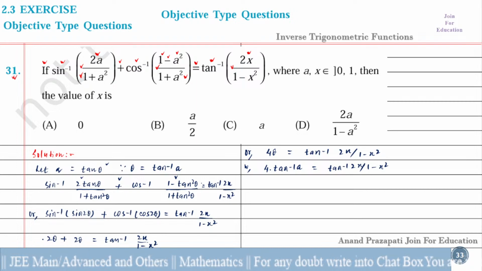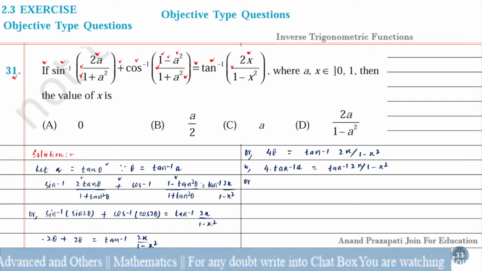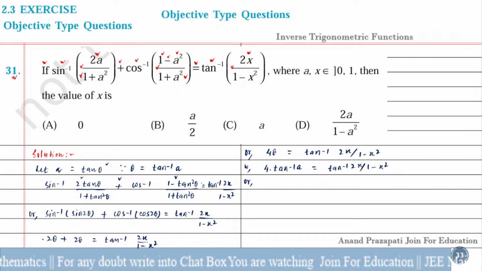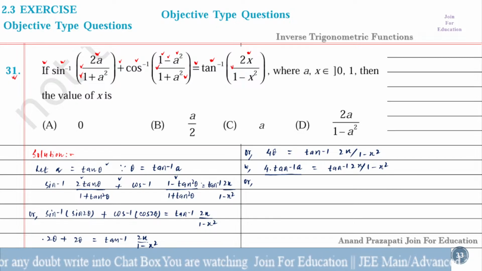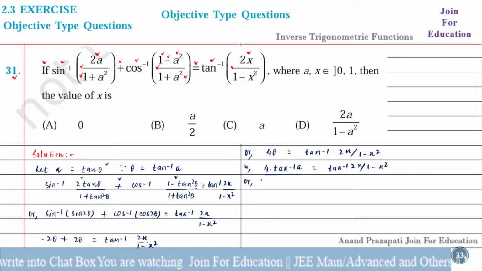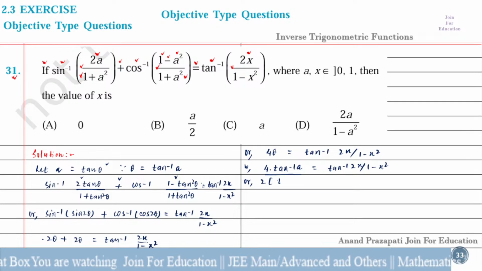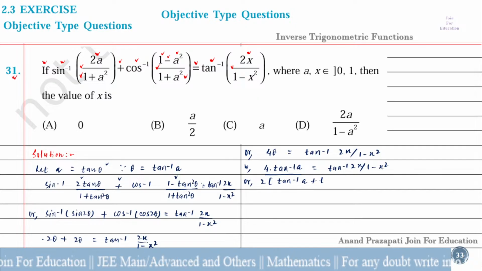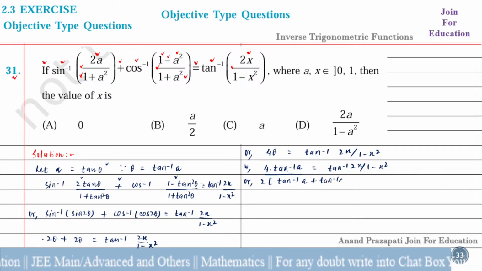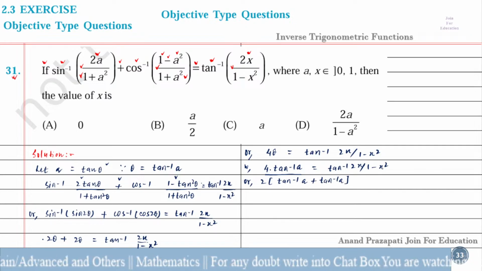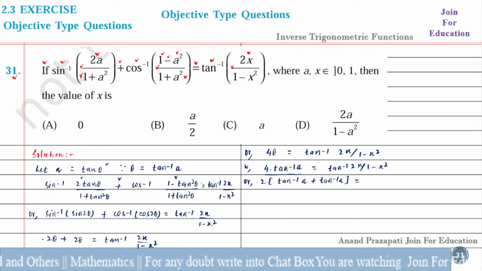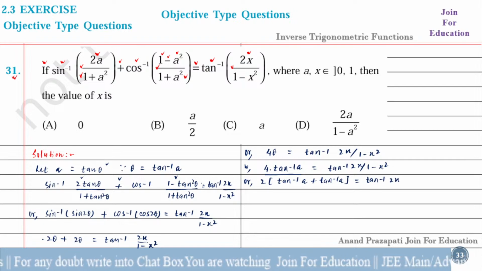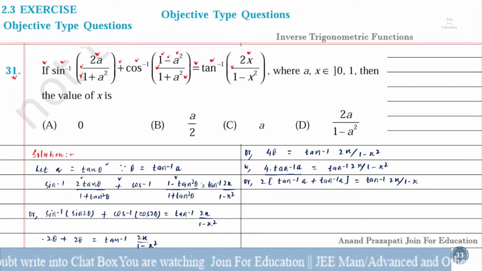For 4 tan inverse a, it is tan inverse a plus tan inverse a, so 2 into tan inverse a plus tan inverse a equals 4 tan inverse a, and this equals tan inverse 2x by 1 minus x square.